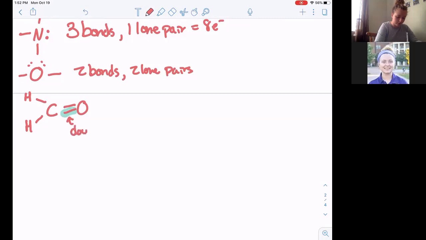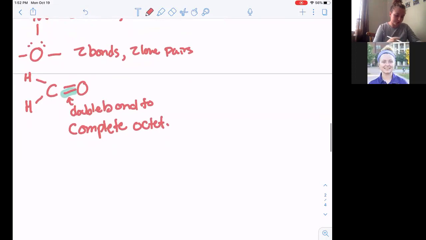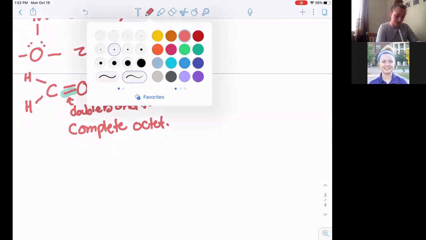So double bond to complete octet. Once you get past the first row in the periodic table, not including hydrogen and helium, and you have your d orbitals and stuff, you can break that octet. You can have more than the 8. I don't think you should have less, but you can have more once you're in the d orbitals and stuff. So we have a double bond over here.